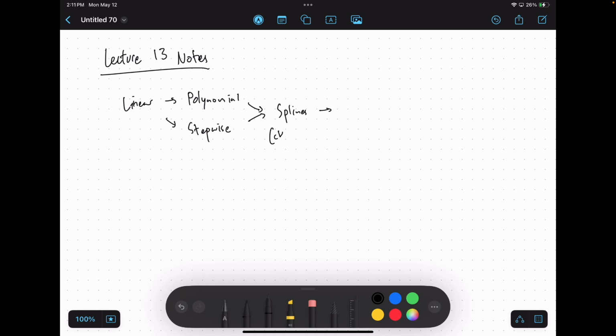Normally the form of this is a cubic spline. We showed the progression to natural splines, and then I believe the last thing we talked about was smoothing splines, right?